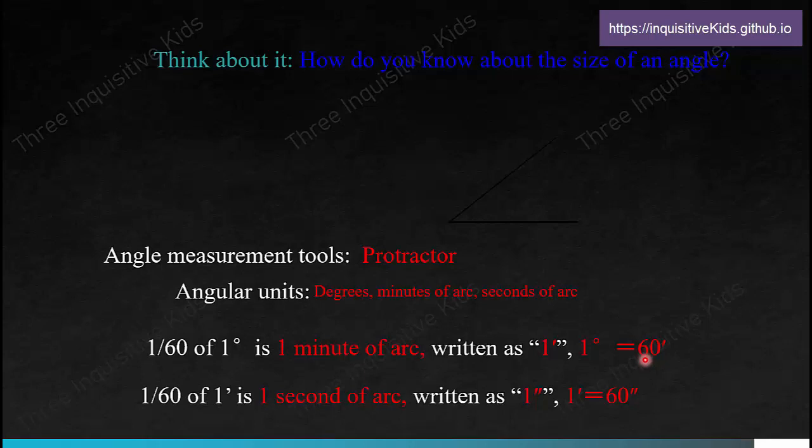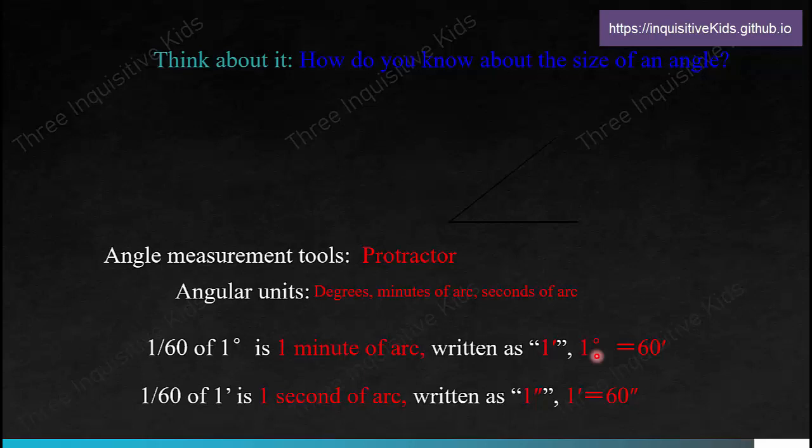But don't worry if you don't get it yet, because this is a very, very new concept. So, review. 1/60th of 1 degree is 1 minute of arc, written as 1 with an apostrophe. So 1 degree is equal to 60 minutes of an arc. And then 1/60th of a minute of an arc, even going smaller now, is 1 second of an arc, written as 1 with 2 apostrophes.